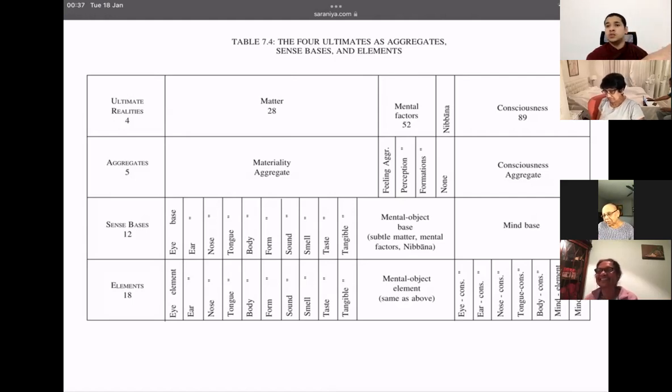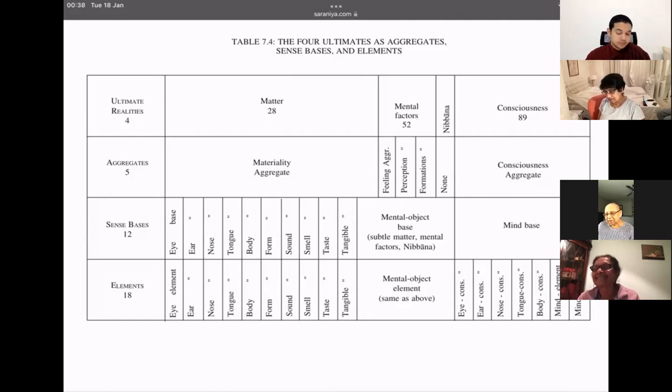Okay. You mentioned only one element. Can you explain why that is? Where are the other elements? Because water element you can't touch. I'm not sure, Bhante, of the exact word.